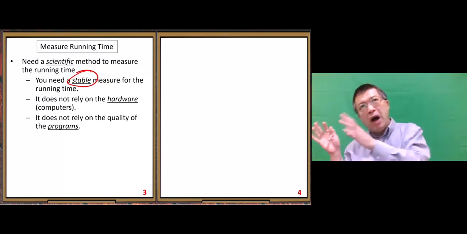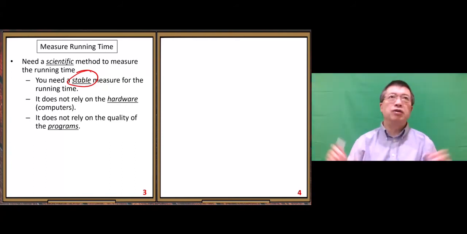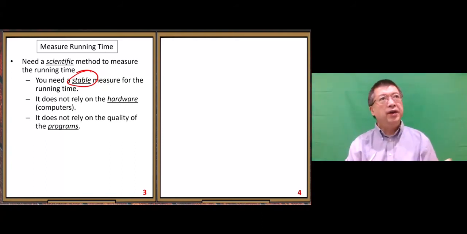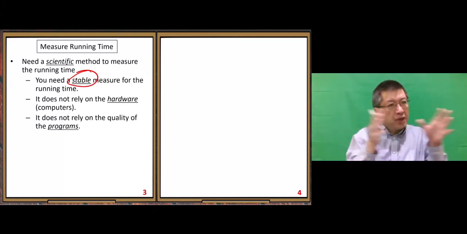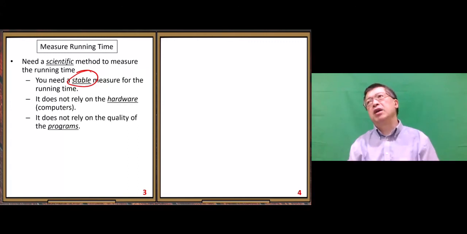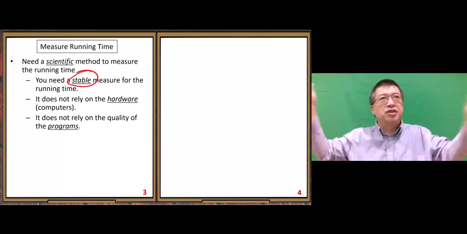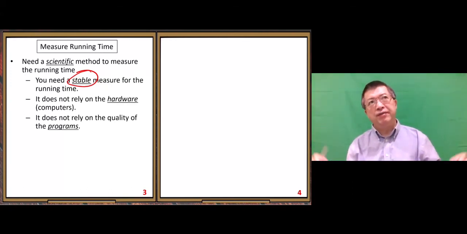But some other really experienced programmers know how to save resources. They know how to use optimal ways to do the operations, so they can implement the same algorithm very fast. We do not want to factor in that kind of difference. So now you know how stable our measurement should be.